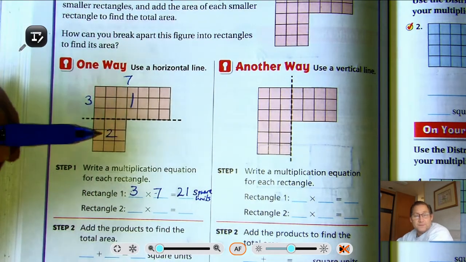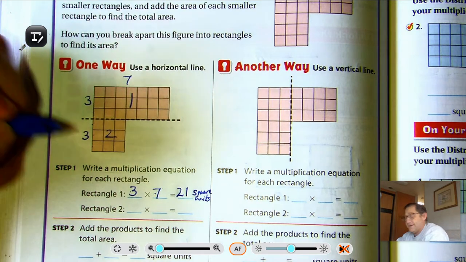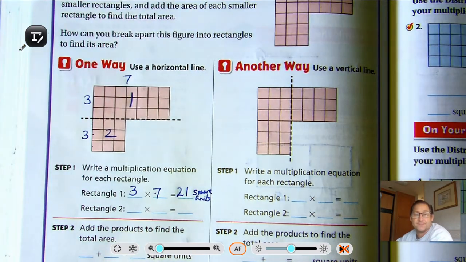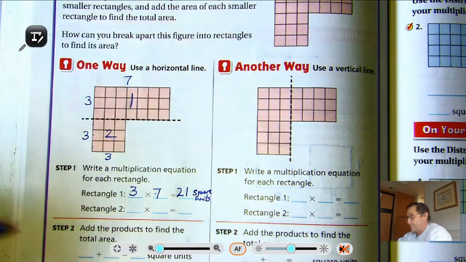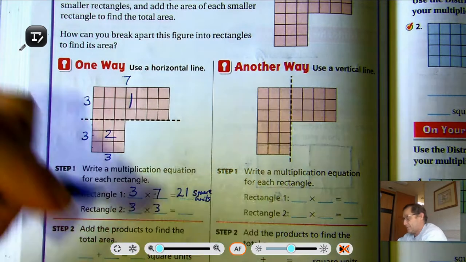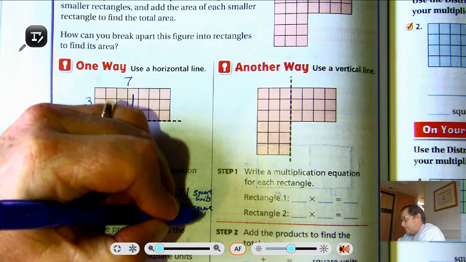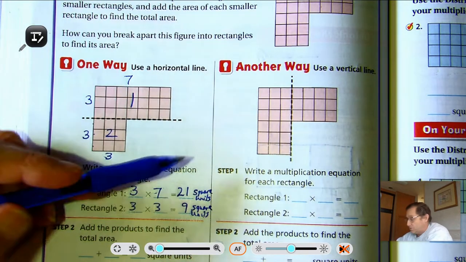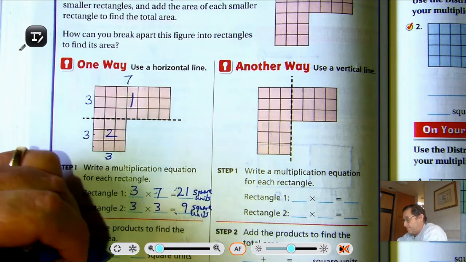And the bottom one, rectangle 2: 1, 2, 3, a row of 3 rows, and in each row there are 3. So our second one is a 3 by 3, and 3 times 3 is 9. Then we're going to take those two products, the 21 and the 9, and add them together.